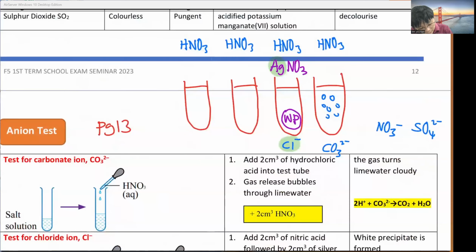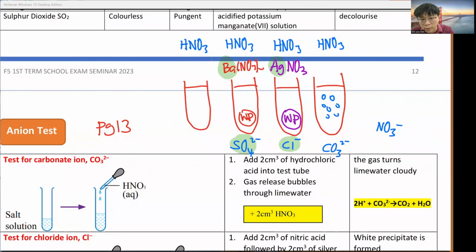So you see here, if you put barium nitrate, then it comes out a white precipitate. Confirm this is sulfate inside, because barium and sulfate is insoluble. So I say solubility is very important to understand all the different tests.